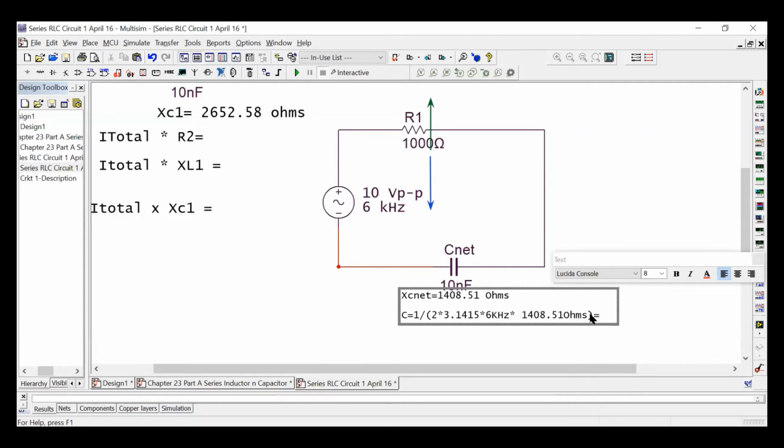What do you get for that? Is it going to be super small? Yes, it is. Okay. I'm counting the zeros.